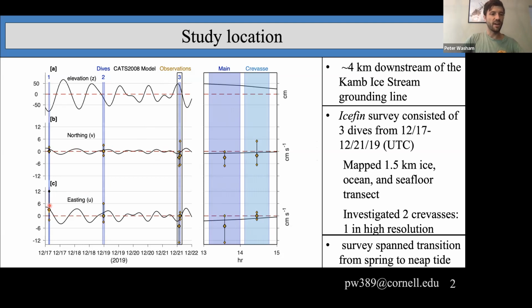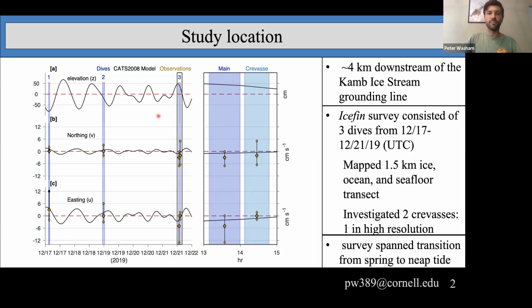However, there's a good bit of range. The mean are these larger diamonds, and the range from each dive are these smaller diamonds. The final dive was conducted around slack tide, at least the part when we were in the crevasse, so the predicted and observed currents have a mean around 0 centimeters per second. But again, there's this really interesting range that is unpredicted by a tide model.